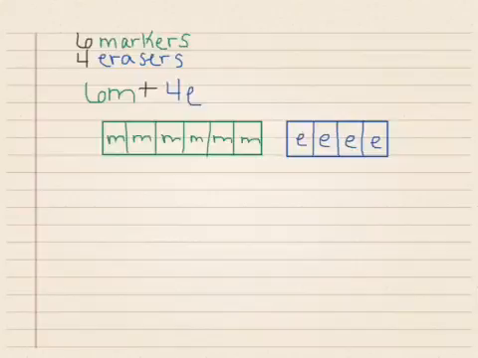So I'm going to begin to split these 6 markers between 2 people, and then these 4 erasers between 2 people, and then we can see if we can split between 3 or any more.